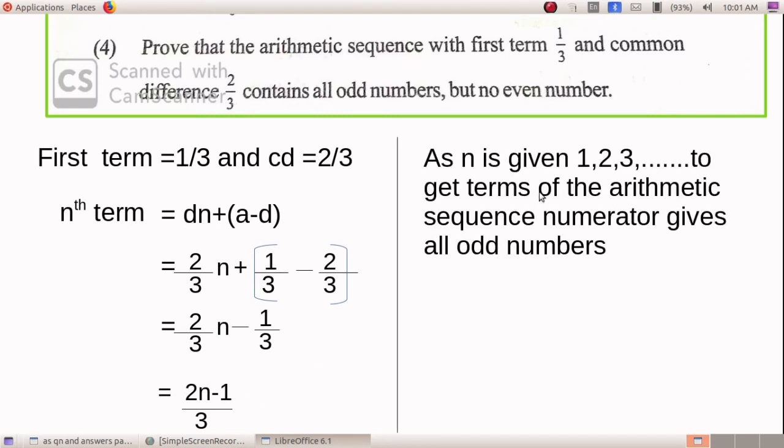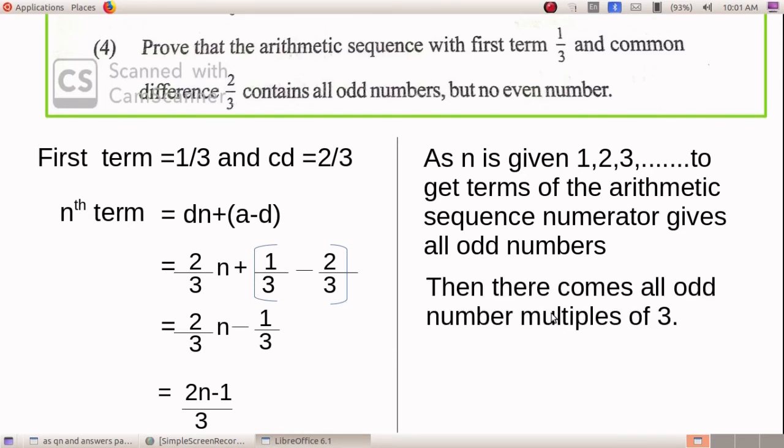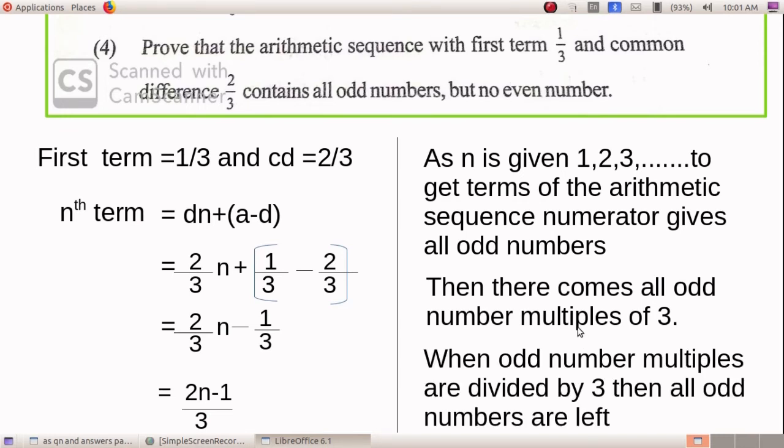Okay, as n is given 1, 2, 3 etc., to get the terms of the arithmetic sequence, the numerator gives all odd numbers, then there comes all odd multiples of 3. When that odd multiples of 3 is multiplied by 3, we get all odd numbers. You can write down the answer like this. I think you will have understood this one. You can pause the video and write down this one if it is needed.